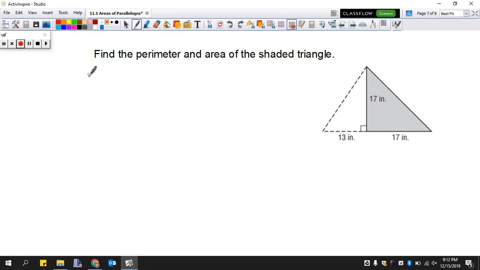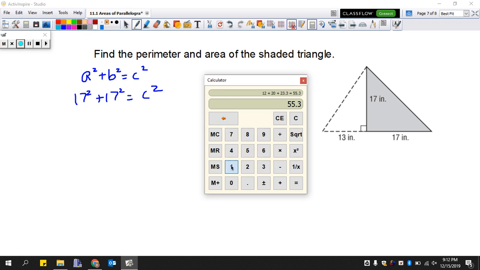So you end up with a squared plus b squared is equal to c squared. So 17 squared plus 17 squared is equal to c squared. 17 squared is 289.